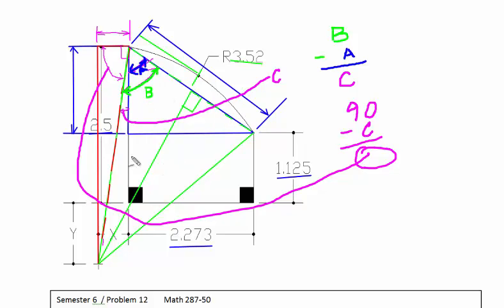We got the shared plane again by taking the 2.273, that's the distance from here to here, and this distance from here to here on this blue, which is the 2 inches 500 thousandths minus the 1 inch 125 thousandths here to here. So I have this distance and this distance to give me this distance. So a squared plus b squared equals c squared. Okay, we've got the blue triangle now. I'm going to solve for this triangle inside here with that information. That's angle A.